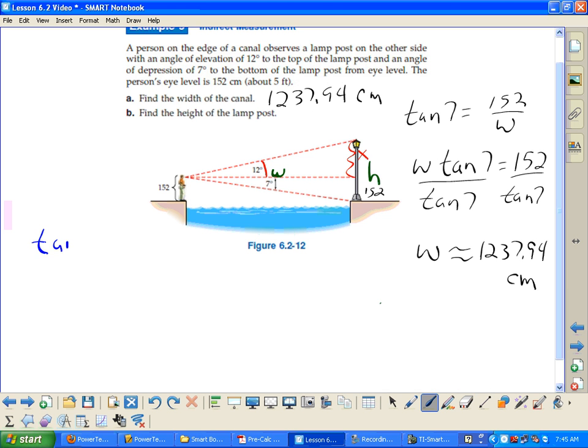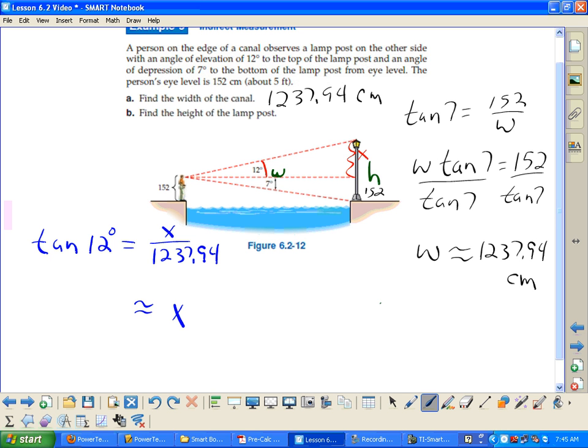So we've got the tangent of 12 degrees is equal to the opposite, which we don't know. We'll call that X, and the width is 1,237.94. Right? So we'll multiply by 1,237.94.